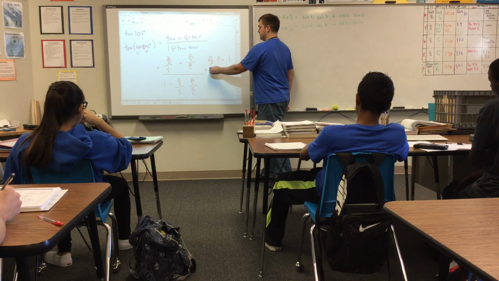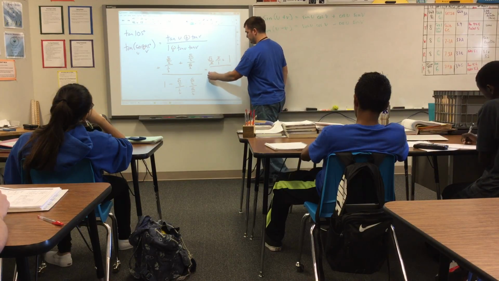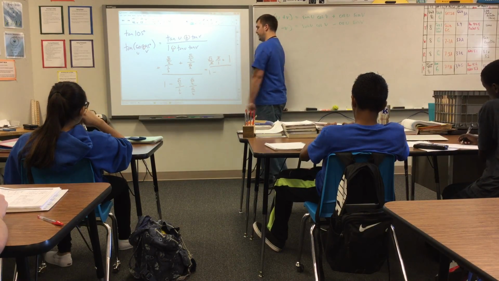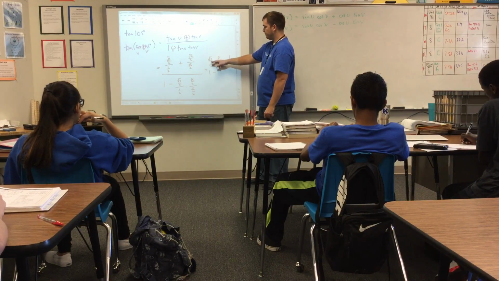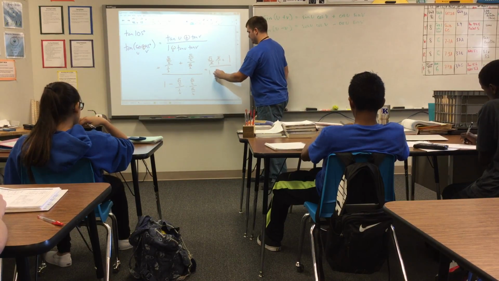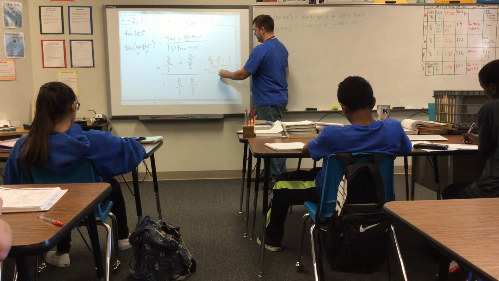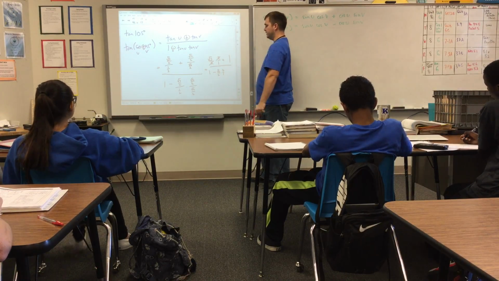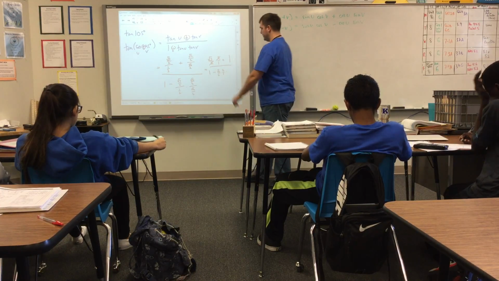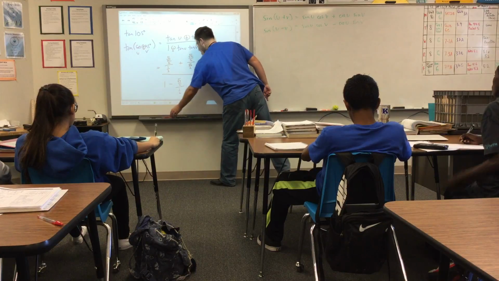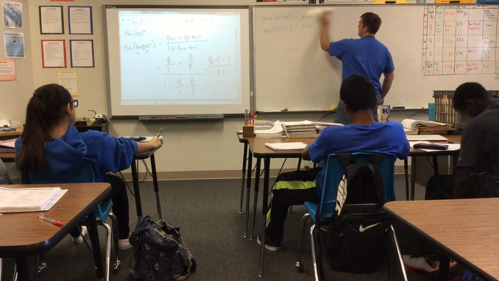So, plus 1 all over 1 minus, this is going to be that same thing, root 3 over 2 times the reciprocal of the denominator, 2 over 1, times this value right here, which is 1. Let's keep it going.